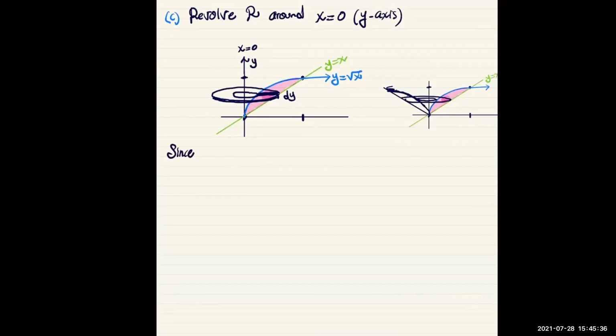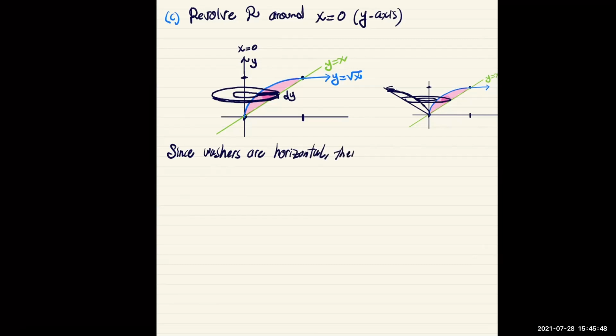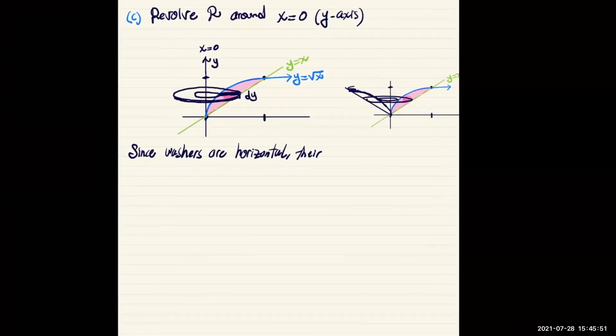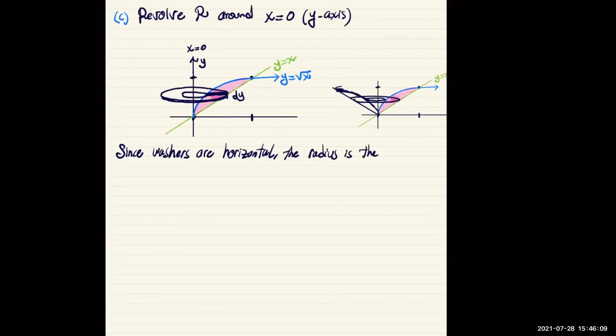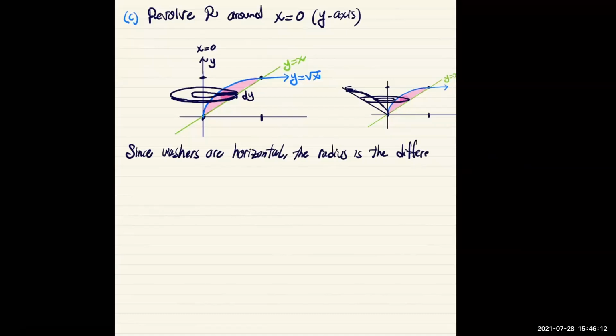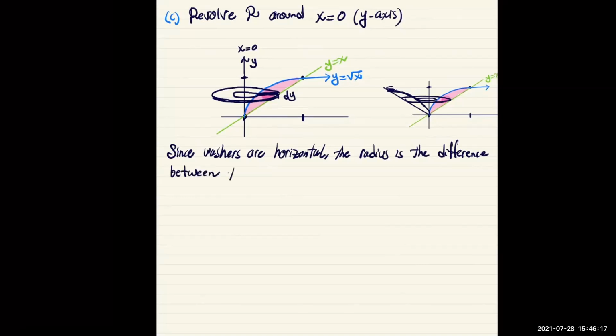Since, I'll write it down. Since washers are horizontal, their radii, or I should say the radius, is the difference between two x values.